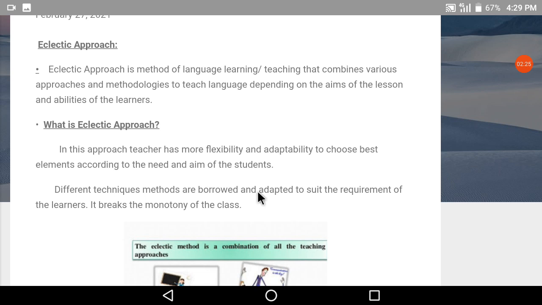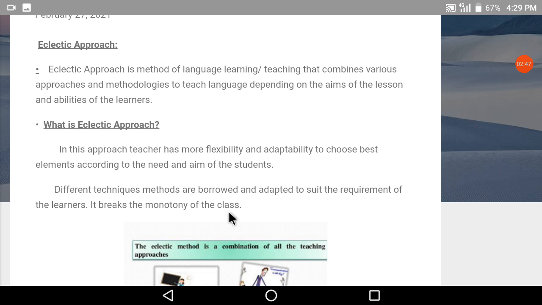Why? Because in this eclectic approach, my goal is just how my students can easily understand the stuff. Different techniques and methods are borrowed and adapted to suit the requirements of the learners. It breaks the monotony of the class.